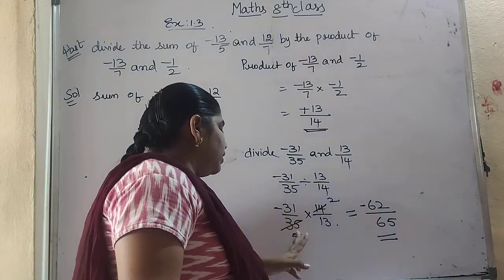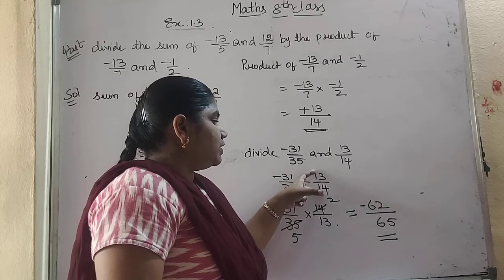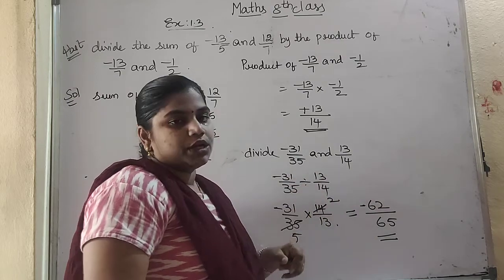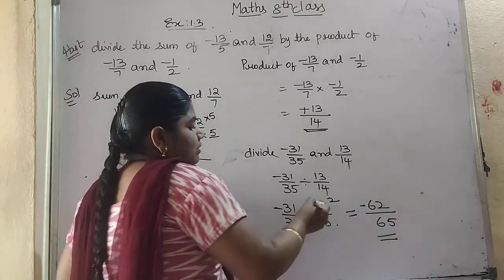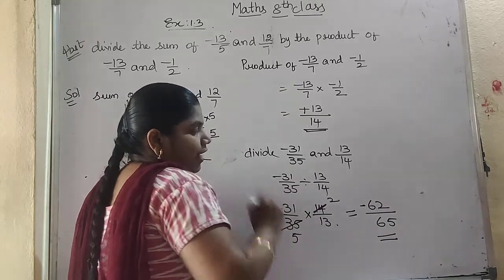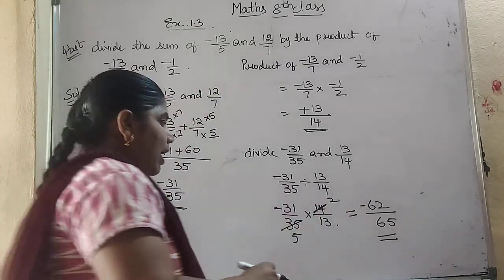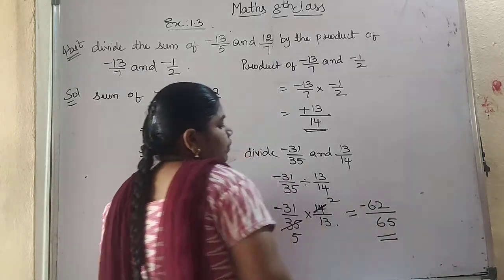So minus 31 by 35 into the reciprocal of 13 by 14, which is 14 by 13. Here I have cancelled in the 7 table, 7 2 times, 7 5 times. So minus 31 into 2 will be minus 62 by 5 into 13, which equals 65.